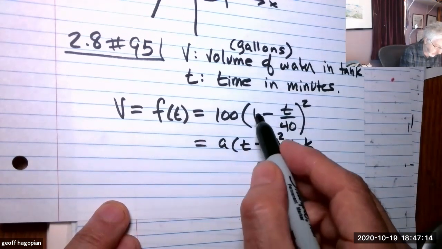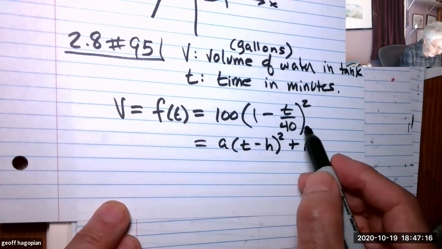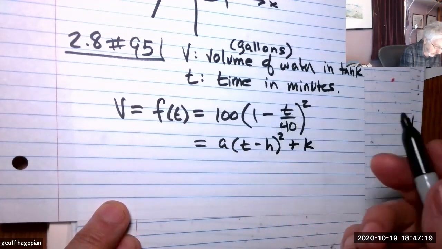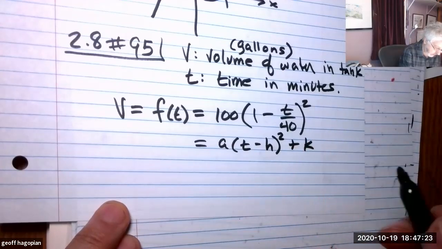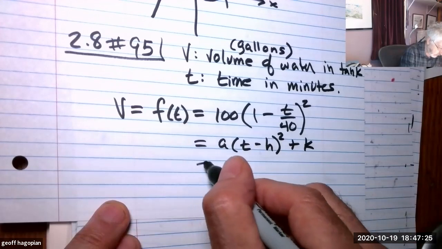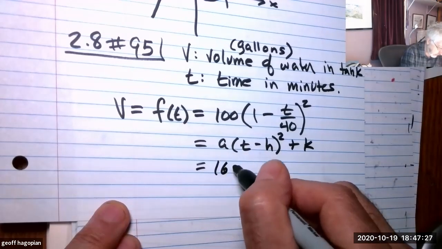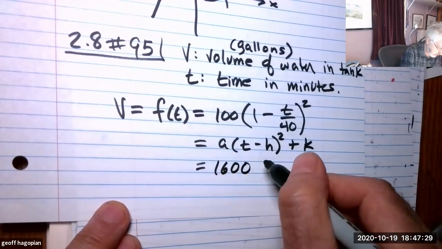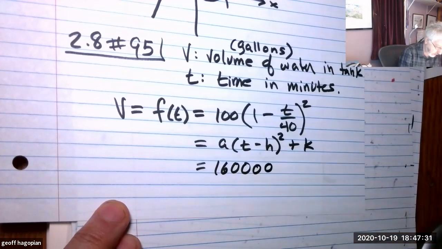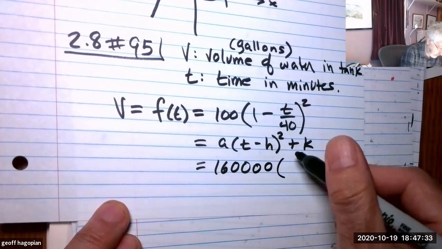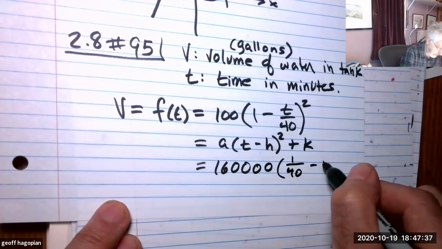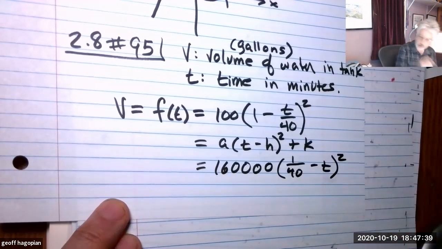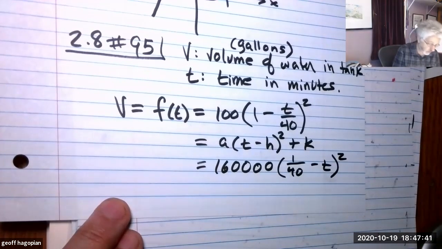So we could say this is (40 minus T) all over 40, getting a common denominator. And then 40 squared is 1600 times 100, that's 160,000 times (1/40th minus T) quantity squared. And oh, that makes it look like the vertex is at 1/40th.